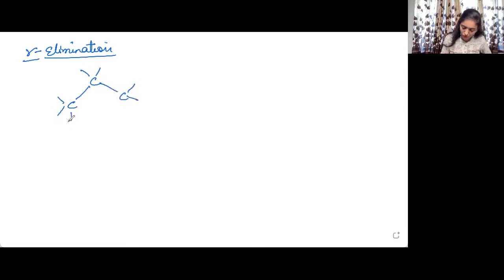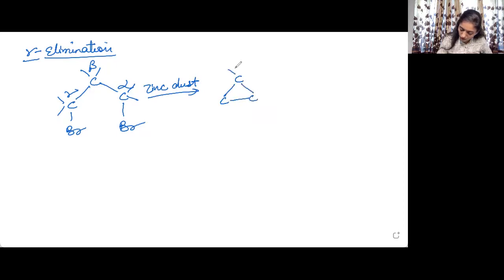If this kind of situation is there, here is Br, here is again Br, alpha, beta, gamma. Now, if this will be treated with zinc dust, it will lead to the formation of cyclopropane with the loss of Br2 molecule, which will combine with zinc to form ZnBr2.